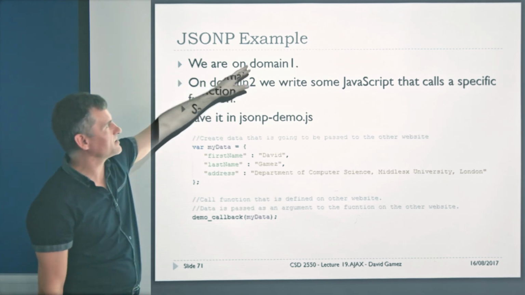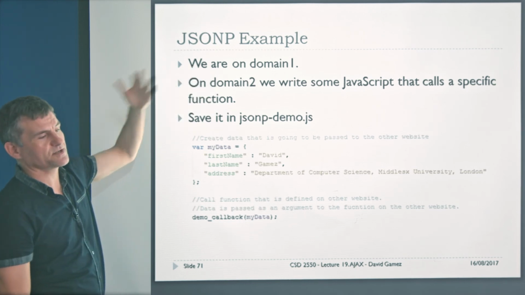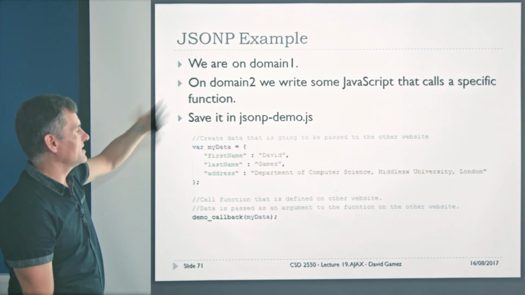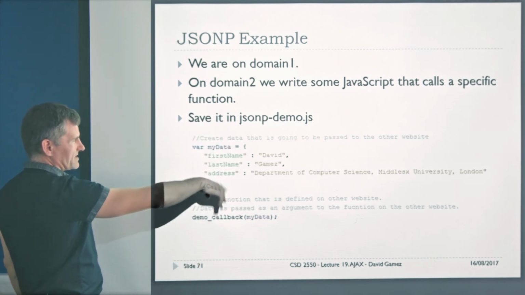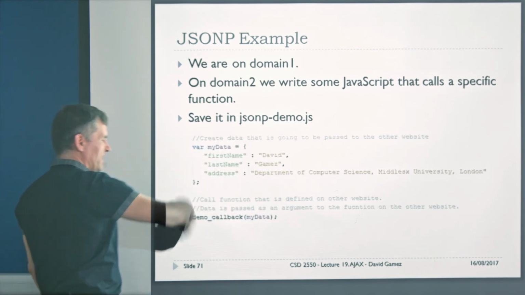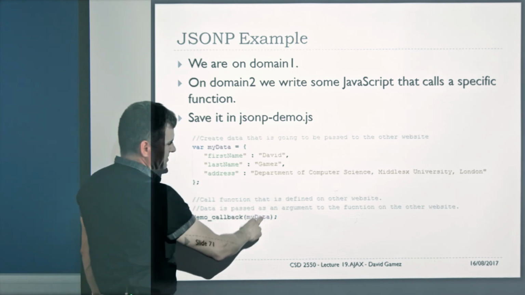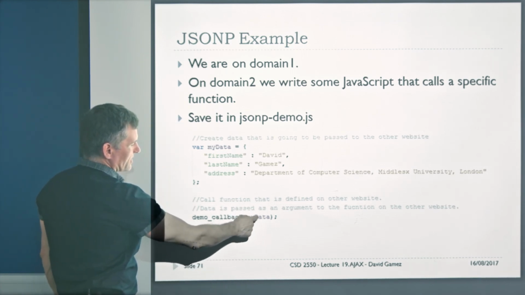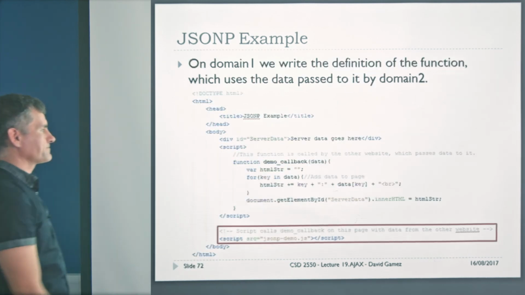Domain 1 can't talk to domain 2 using Ajax, but I can include a script from domain 2 in my website. So in domain 2, I have this script, JSONP-demo.js. This has some data. This is the data I want to include in my page, and it has a function. demoCallback is the name of the function, and it calls this function with an argument, and the argument for this function is this piece of data here.